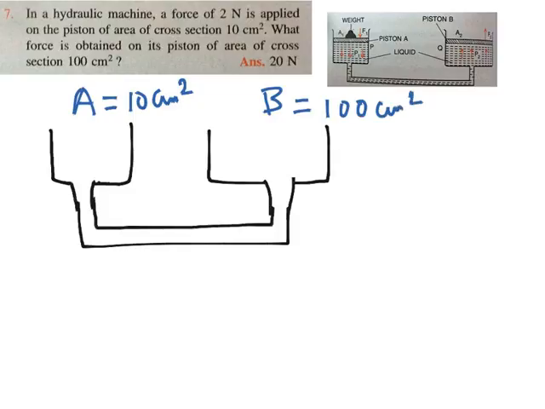Now there is a force on A via a piston, and there's some fluid inside. It could be brake oil, it could be any kind of hydraulic oil. Whatever you have to consider, it's a fluid.